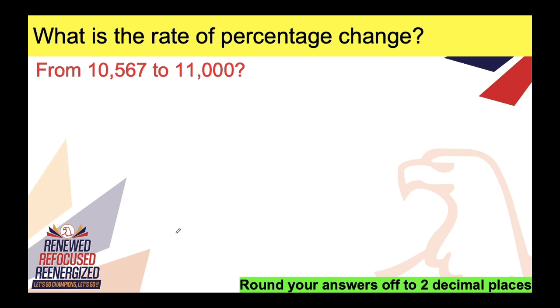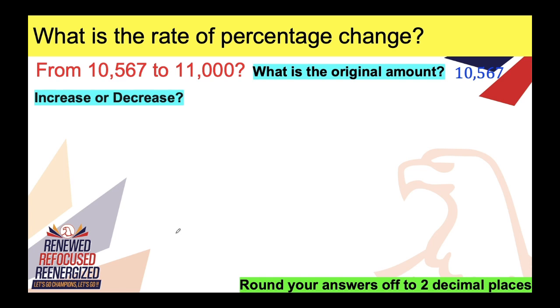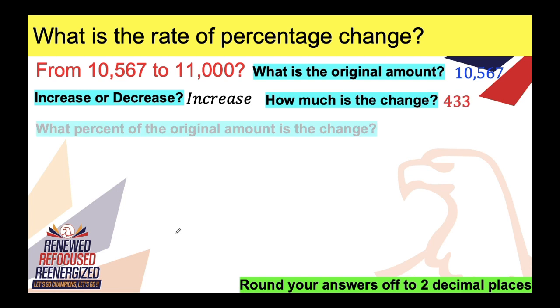All right. Original amount, obviously, it's this one. Increase or decrease? Looking at it, it's an increase. So how much is the increase? The increase is about 433. What percent of the original? The original amount is this, and this is the increase or the change. When we ask what part of this is the change, this becomes your whole, and this becomes your part.